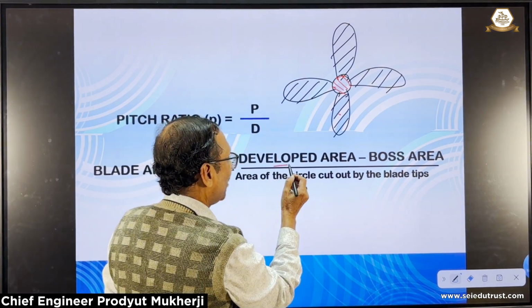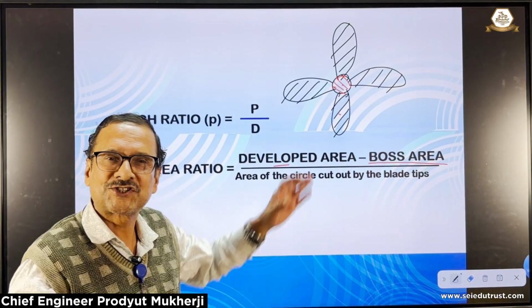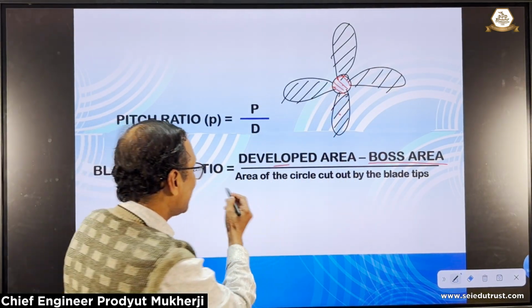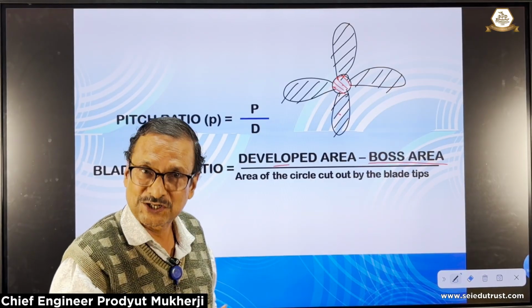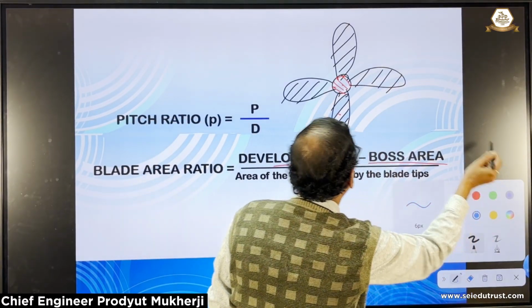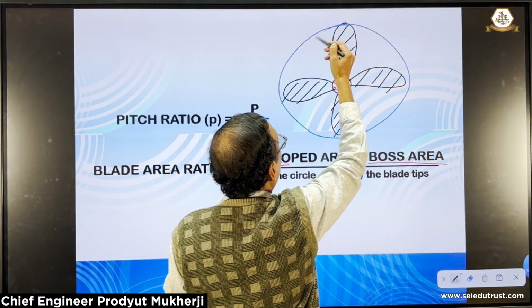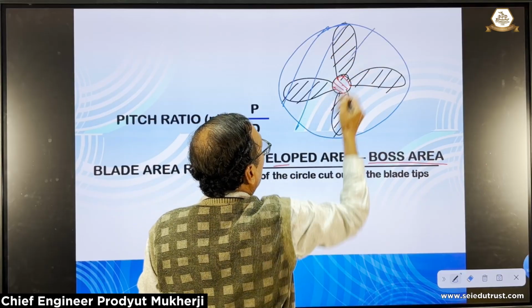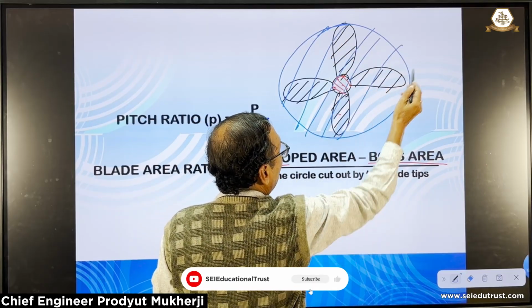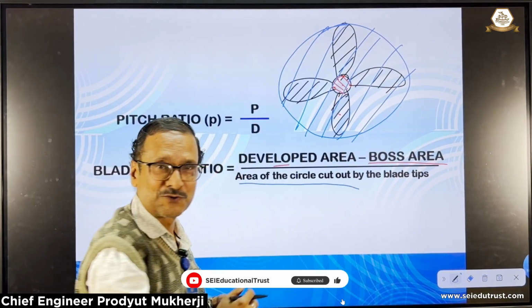So from the developed area, we subtract the boss area, which is the shaded area in red, and divide by the area of the circle cut out by the blade tips. What is the area of the circle cut out by the blade tips? If the propeller moves, this blue circle is the area cut out by the blade tips. That is the denominator out here.